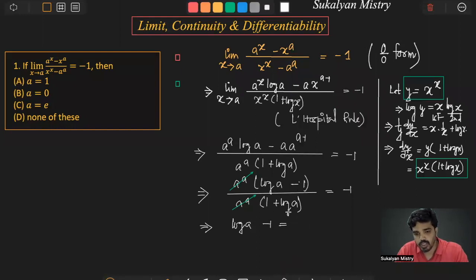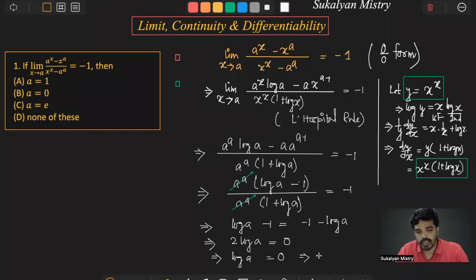So log a minus 1, so that is minus 1 minus log a. So this implies 2 log a is equal to 0. So this implies log a is equal to 0.